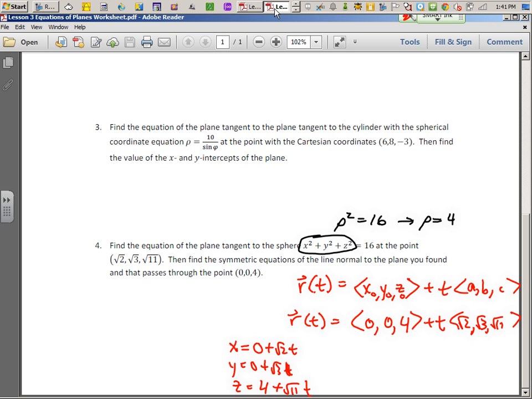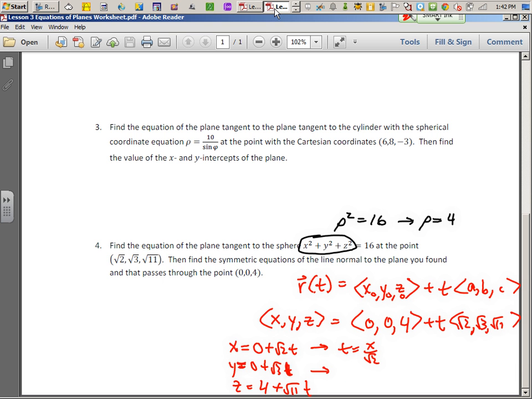I just basically distributed, I'm treating this left side as a vector x, y, z. So I'm just distributing and creating 3 equations, right? And then the symmetric form is where you isolate t in each of them and set them all equal, right? This doesn't always work, but it works out well on this problem. If you isolate t in this first one, you get x over root 2.